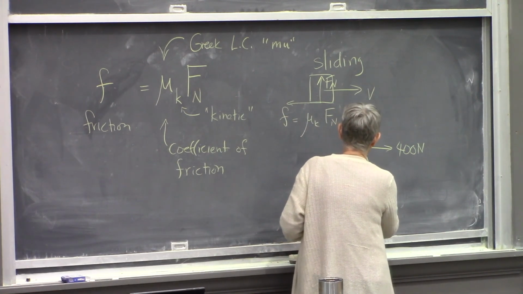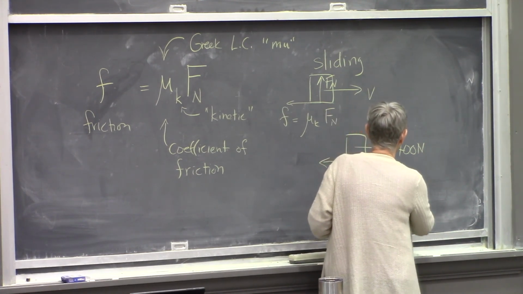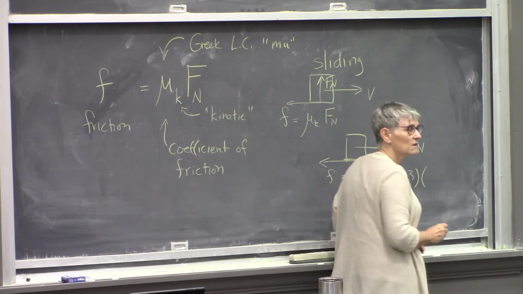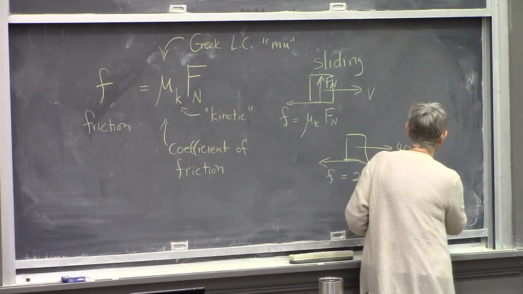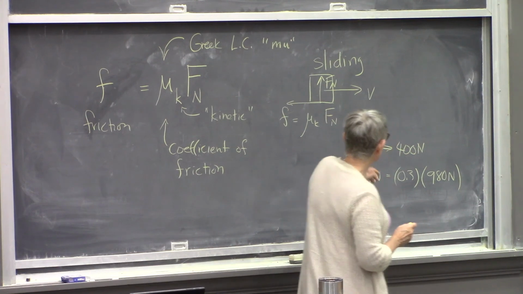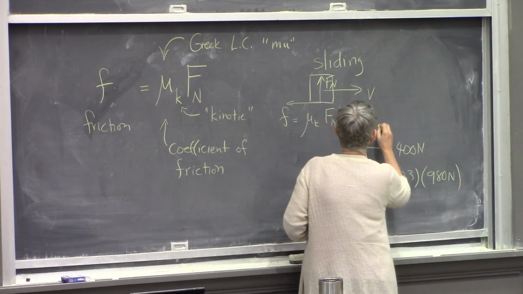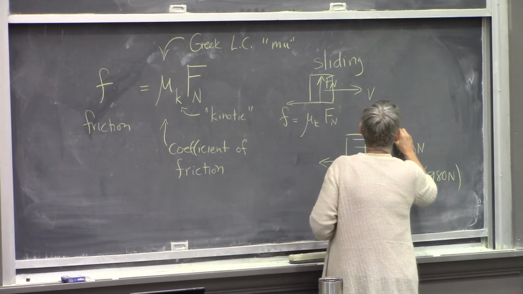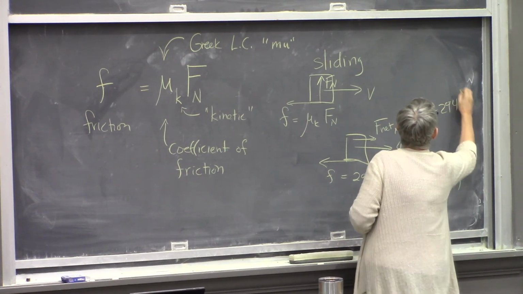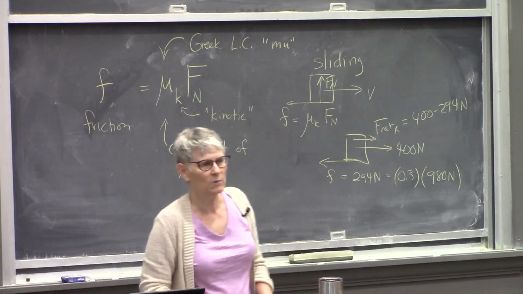How did you get that? So that's 0.3, the coefficient of kinetic friction, times the normal force, 980 newtons. Okay, so the net force is to the right. So what's happening to the block? Speeding up.